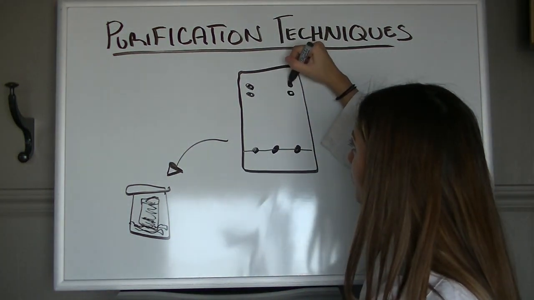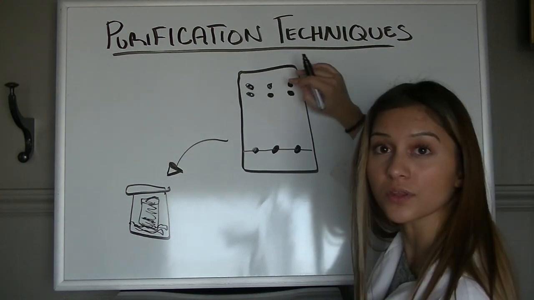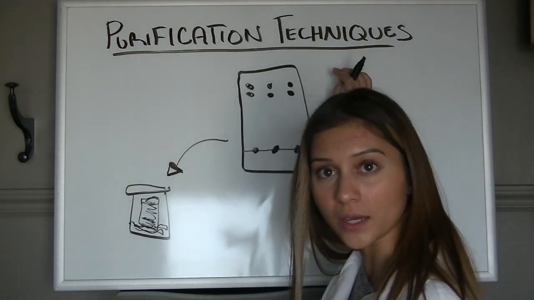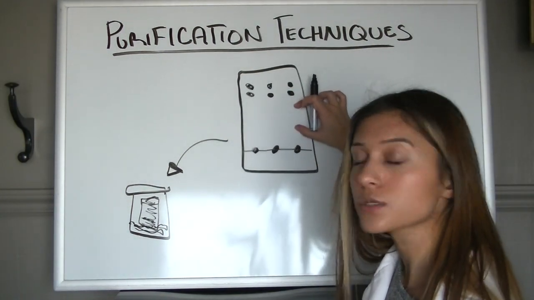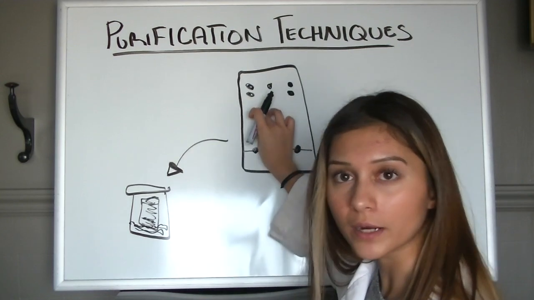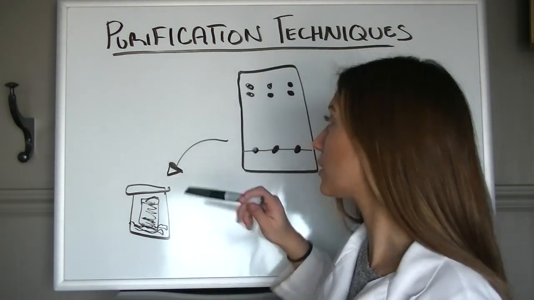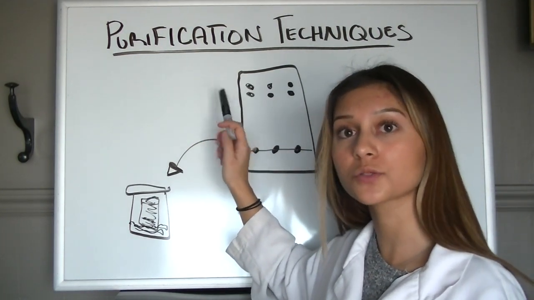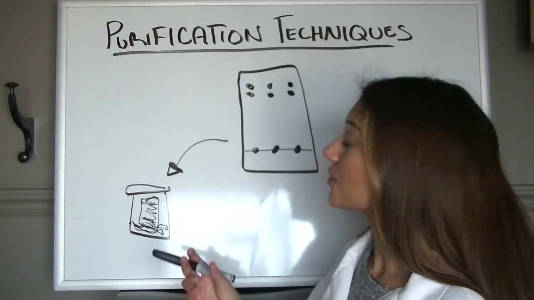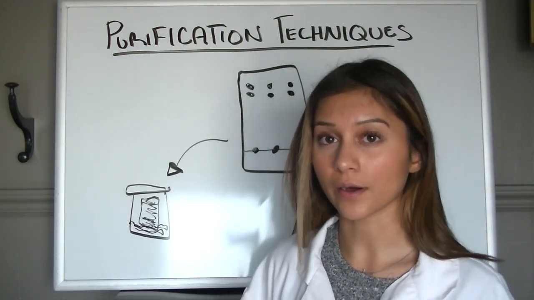If we also notice that there are Rf values that match the spots within the other lanes of the plate, then this will indicate that these compounds are also within our sample compound. We will also find that the more polar compounds will be closer to the bottom of the plate, whereas the less polar compounds will be more at the top of the plate. With this technique, we are now able to identify the purity of our compound.